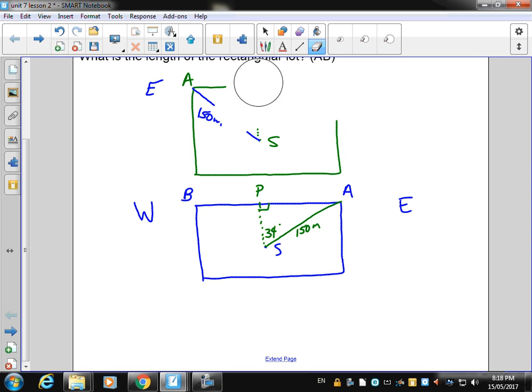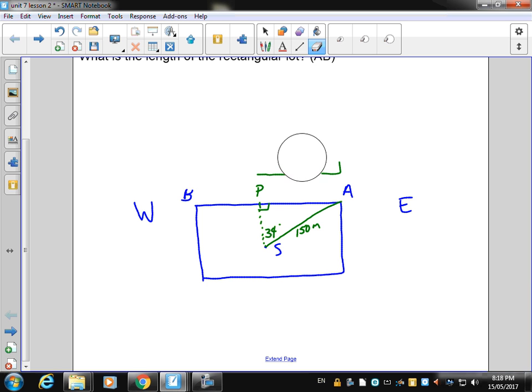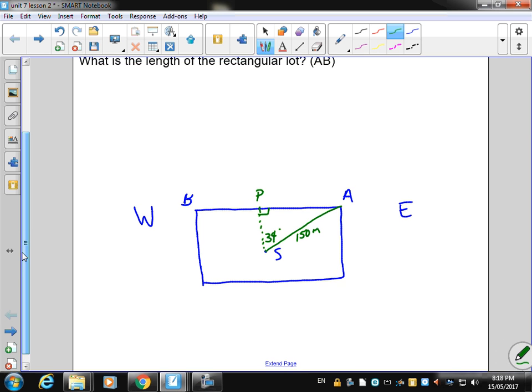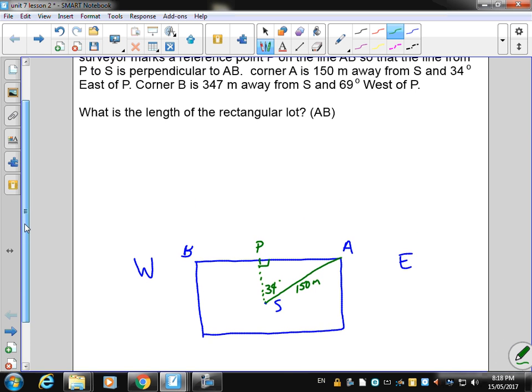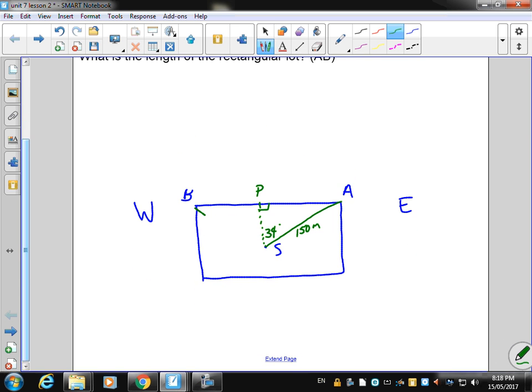B, let's see, 347. B is 347 meters away from S. And it is 69 degrees west of P. There we go.